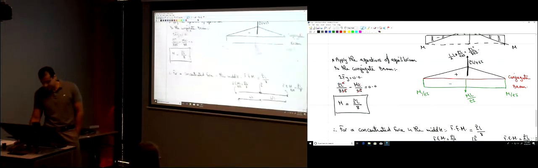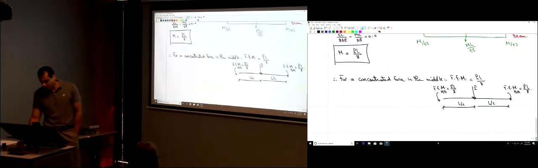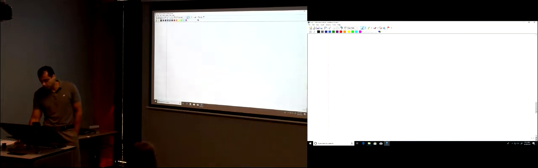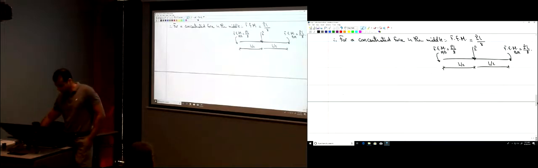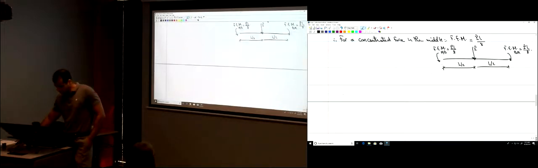Now let's find the fixed end moments for a uniformly distributed load.